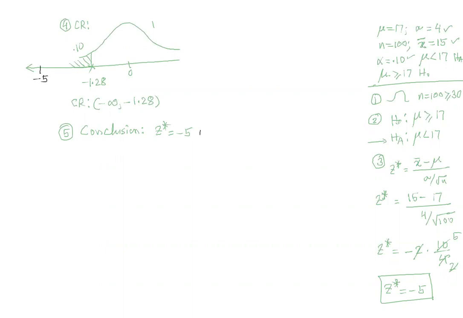Z star negative 5 is in the critical region, negative infinity to negative 1.28. So reject H naught, which is mu is greater than or equal to 17.